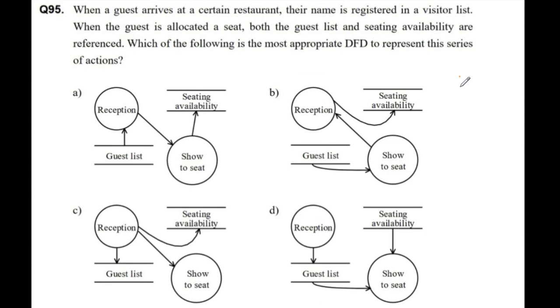In any case, if we are to answer this question right now, what we would see, according to the description, is that there's a guest coming in and we have a visitors list. Then we need to allocate a seat for the guest, and we need to reference the guest list and the seating availability.